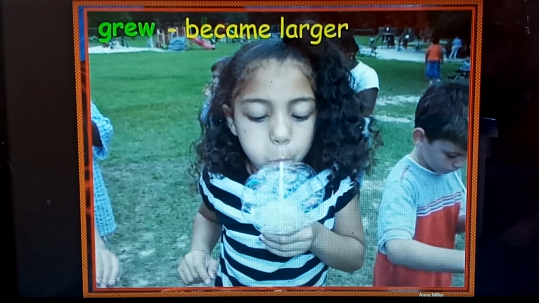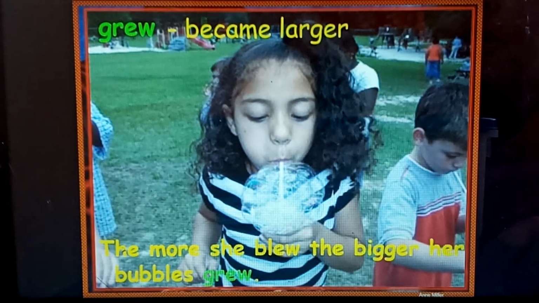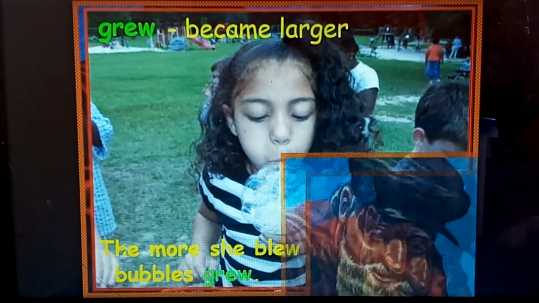That means you're becoming taller, in this case, becoming larger. You see that bubble, the girl that's holding that bubble, she's just making it grow. And it grew, it became larger. So the sentence says, the more she blew, the bigger her bubbles grew. It's just becoming larger or big.